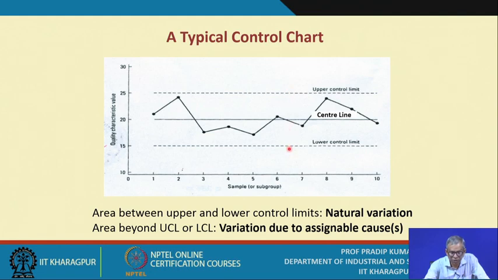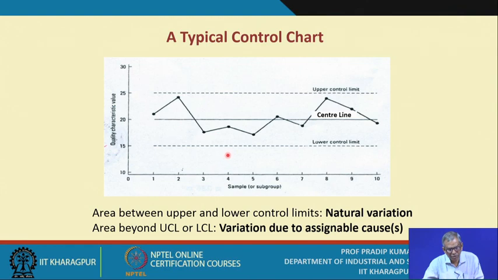This point is to be noted: the area between the upper and the lower control limits reflects the natural variation of the process, whereas the area beyond UCL, that means this area, or the area beyond LCL, that means this area, represents the variation due to assignable causes. That means if a certain sample point falls over here, you assume that there is a variation, but this is within the natural variation.